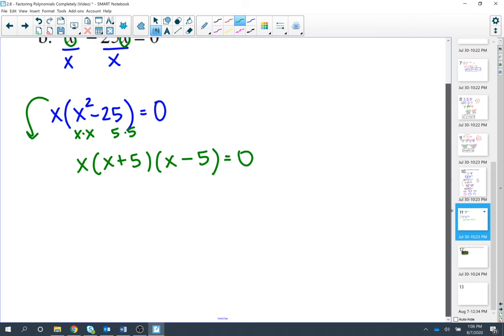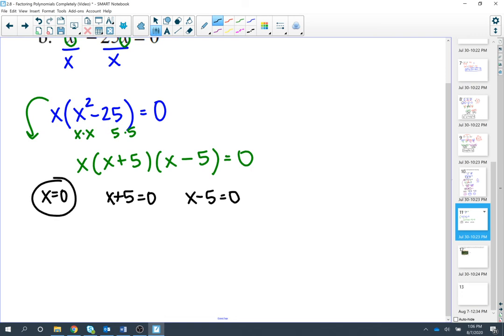So zero product property, now that we have it factored, x equals 0, x plus 5 equals 0, x minus 5 equals 0. First solution, right there, x is 0. Minus 5, x equals negative 5. Add 5, x equals 5. Again, there are 3 solutions.